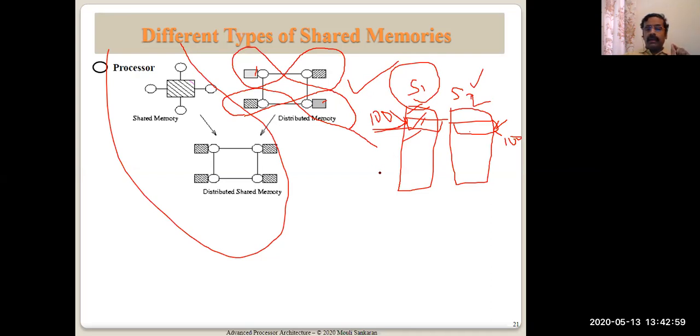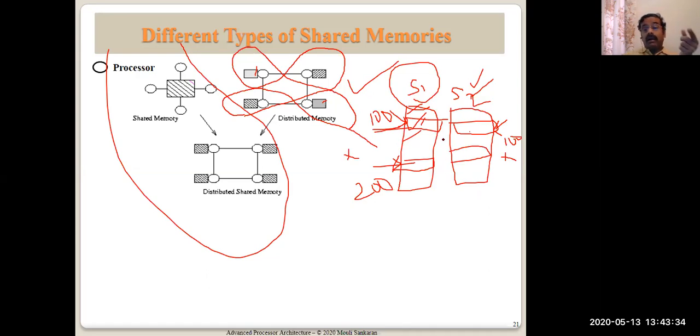In the same way, if in this address space two processors are accessing the address 200, they will come to the same location. It depends on which address space it is pointing to. They are all physical memories, no doubt about it, but they may have different address spaces. That means they will be mapped to different address spaces. In that case, an address X here will be different from an address in this location because they are physically different memories.